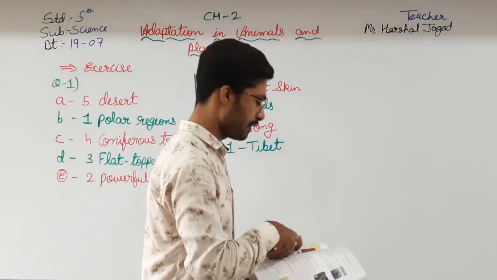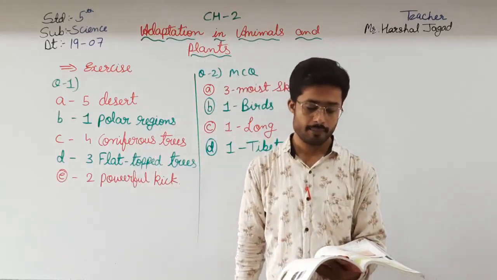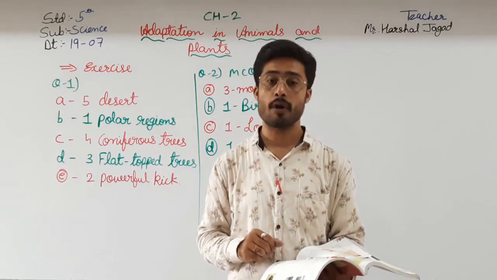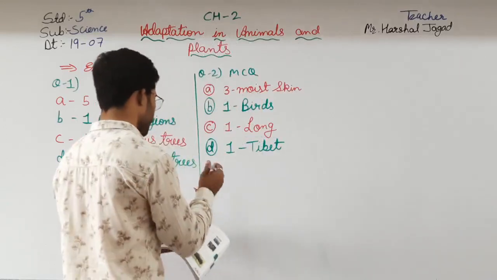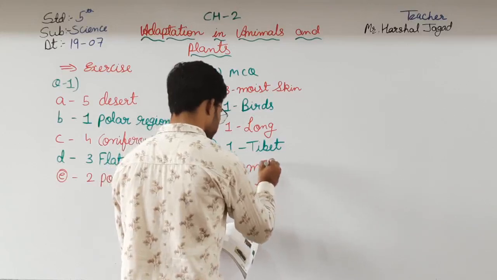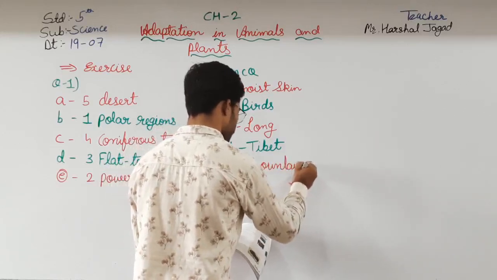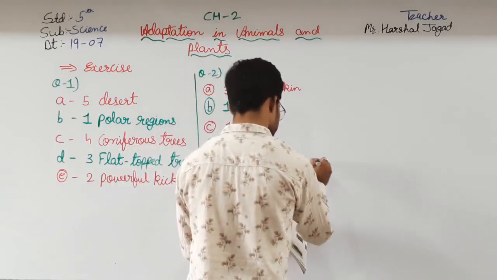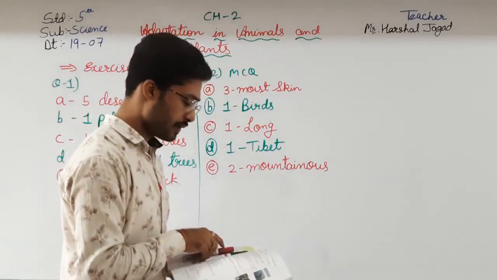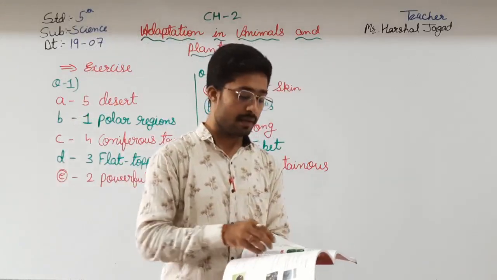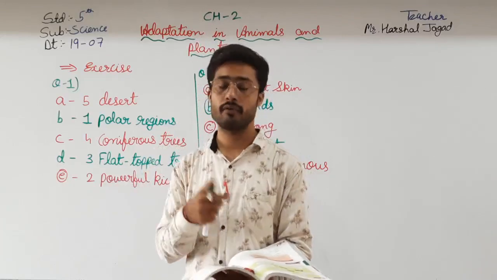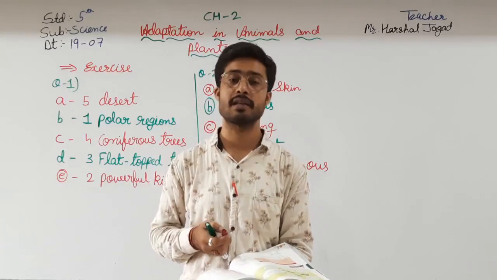Okay. Then after E, fir, pine and deodar grow in dash region, that is desert, mountainous or tropical. So here it will be E, that is mountainous. Okay students, now moving towards question number 3, that is fill in the blanks. But before that, you just write down the answers of question number 1 and question number 2. Then after we will see question number 3 and 4.